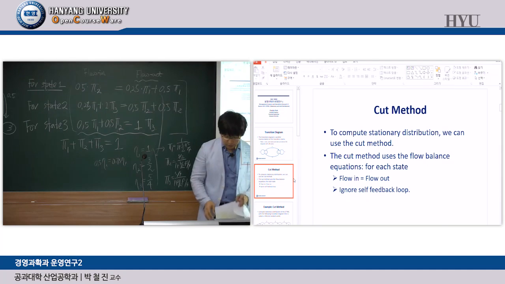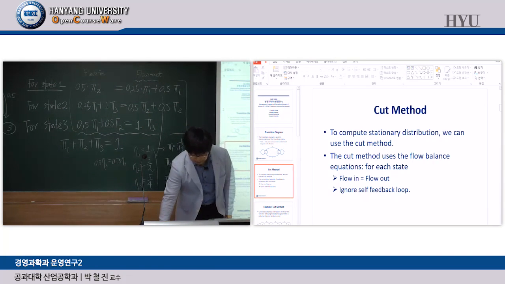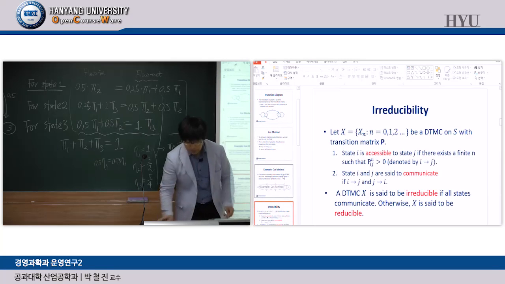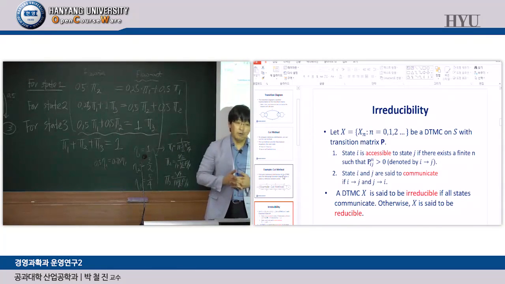Okay, I'd like to introduce more terminologies now. So far we discussed how to calculate the stationary distribution of the chain.